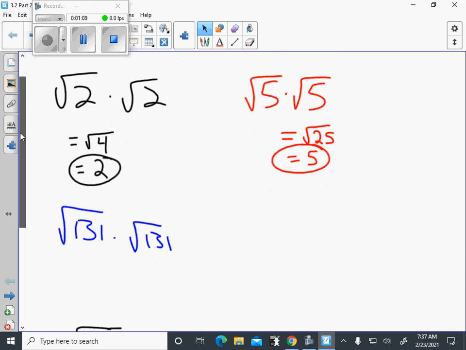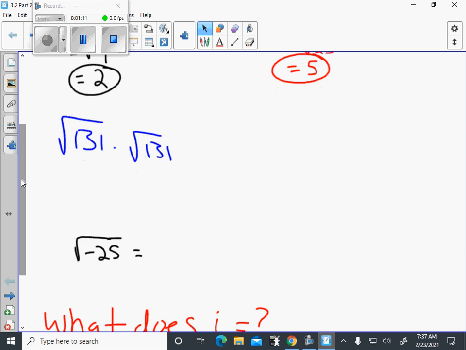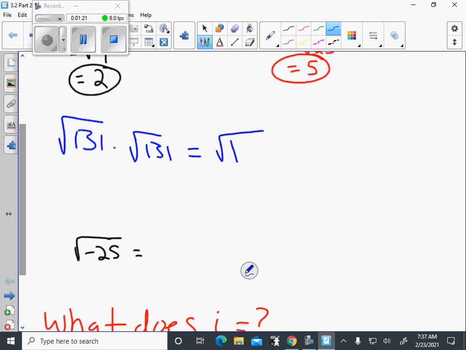How about the square root of 131 times the square root of 131? Well, you could even rewrite this as the square root of 131 squared. Right? Anything multiplied by itself is squared. And that square root squared is equal to 131.